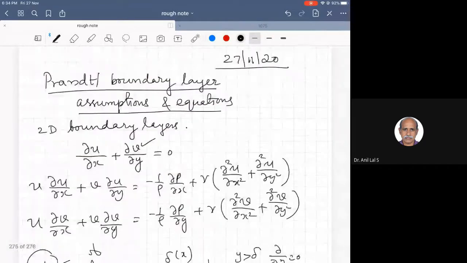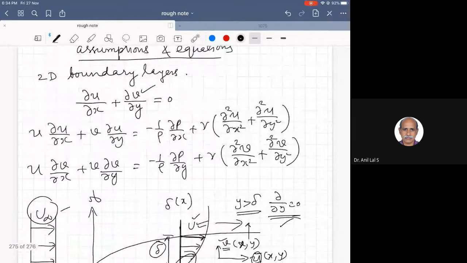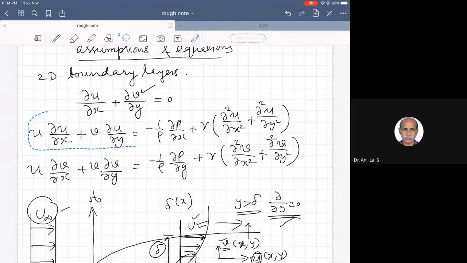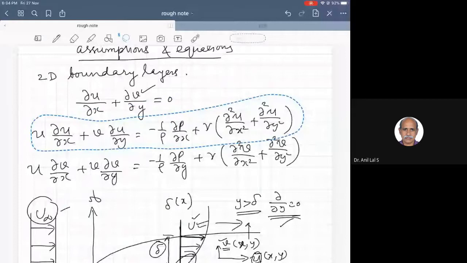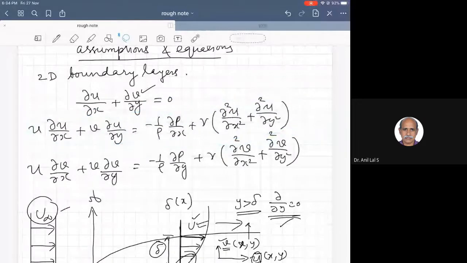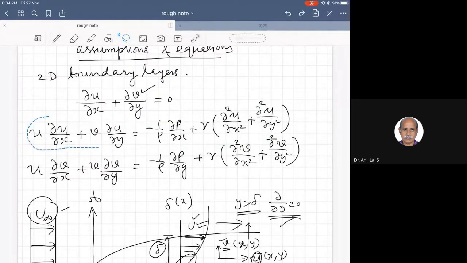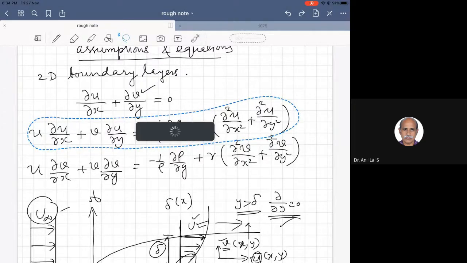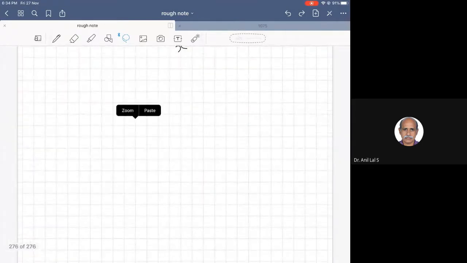Now let us take the u momentum equation and see the order of magnitude of the different terms. So this is the u momentum equation.